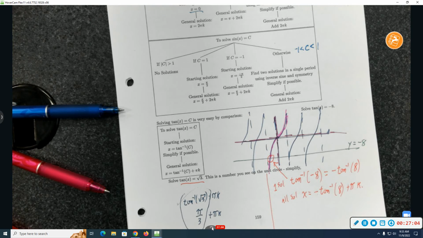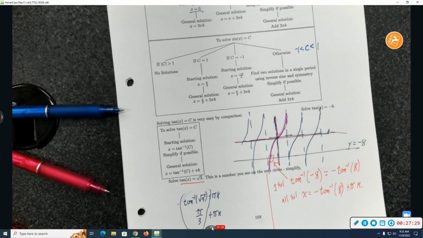People feel all right? It could be that I'll ask for the solution which lives between negative pi over 2 and pi over 2, and then you just want inverse tangent. I might be sneaky, though, and say I want the solution that lives between 0 and pi. Then you'd have to do some work to get it to be between 0 and pi. You have to figure out which of the general solution does that.